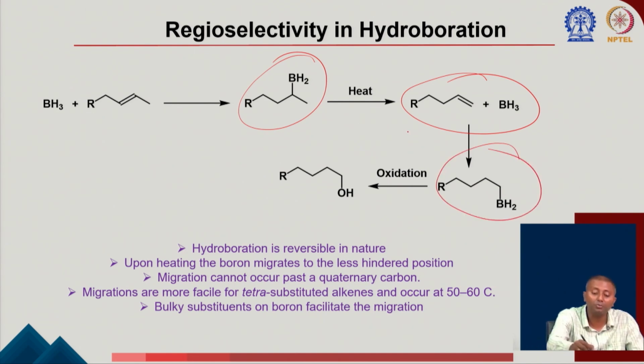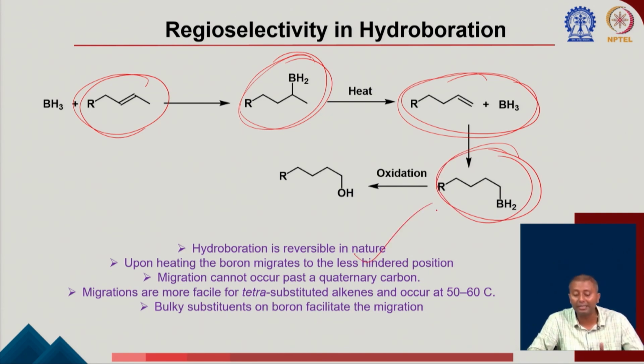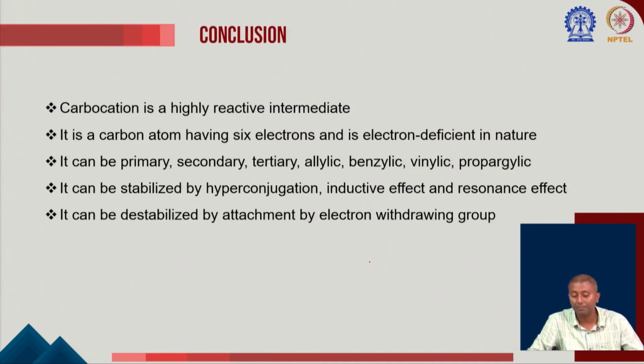That means you started from an internal olefin, and under heat it can first go for a hydroboration, then get out through some sort of elimination, and then again hydroboration till it reaches the terminal position. So this is saying this hydroboration is reversible in nature, and upon heating it can migrate to the less hindered position, and migration cannot occur past a quaternary carbon. Okay, so we are going to talk about some examples of this in the next class.